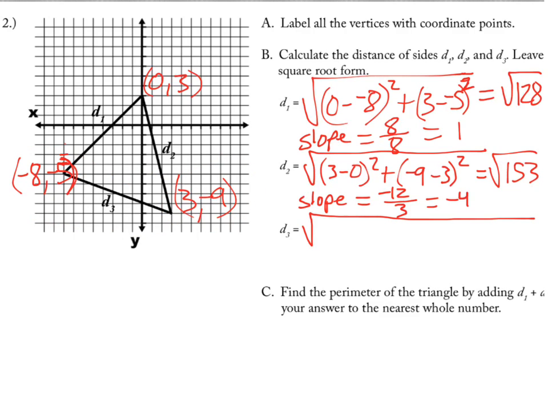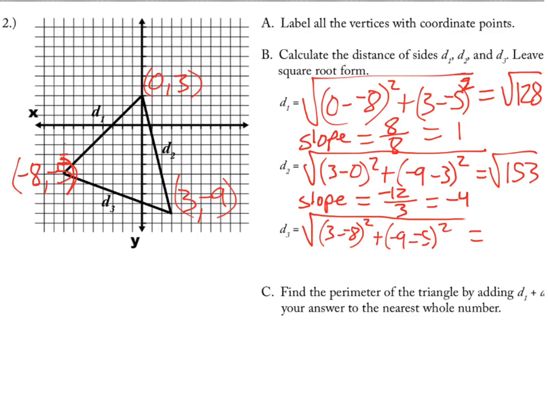So my calculation, I need to do 3 minus negative 8, square that, and then I'm going to have plus negative 9 minus negative 5. Oh, this one's a little bit shorter than the other one.